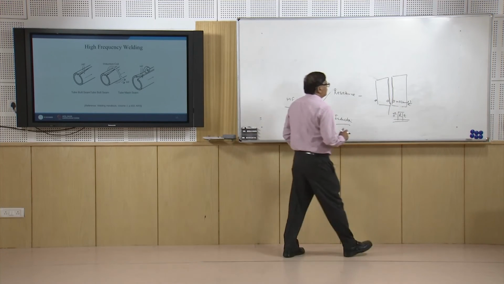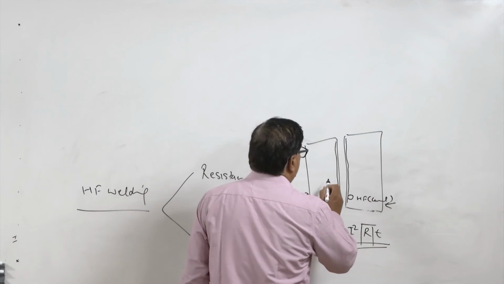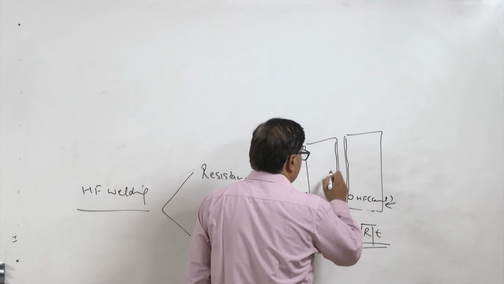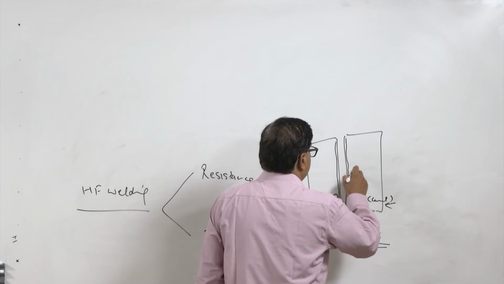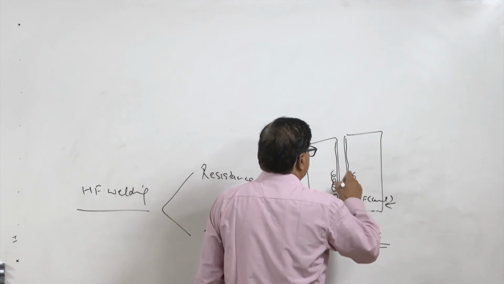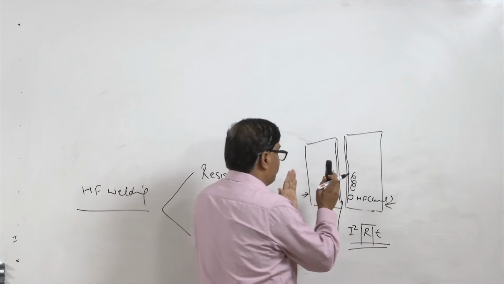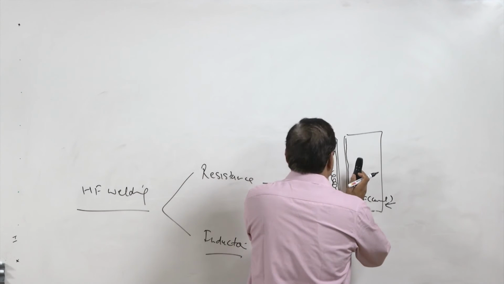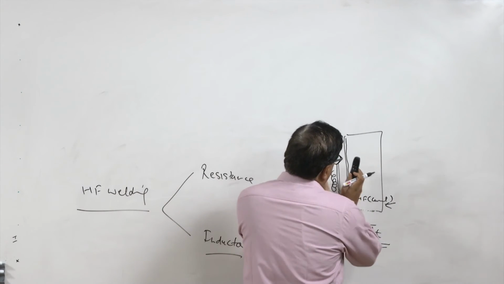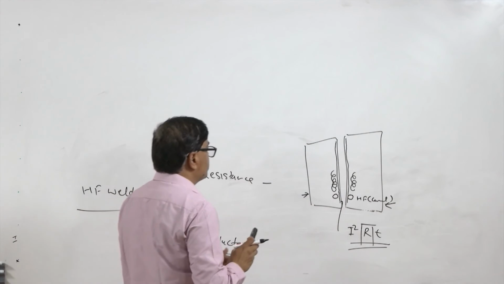In another approach, only the coils are brought close to the surfaces, they are not brought in actual contact, wherever the joints are to be made. They are the coils with the required type of current, high frequency current, brought in close to the surface wherever the joint is to be made.